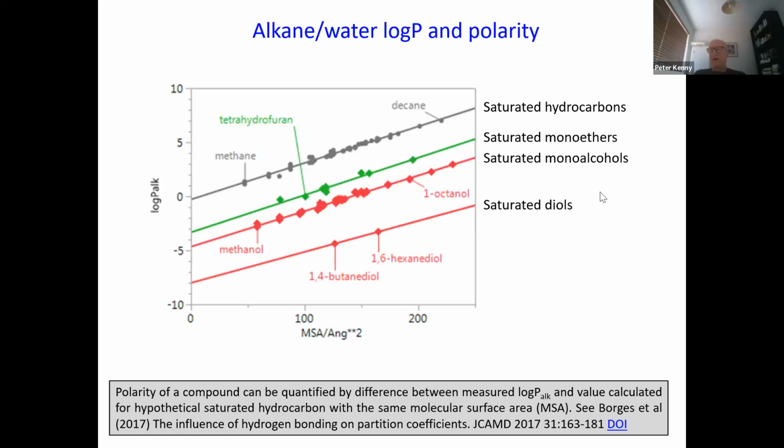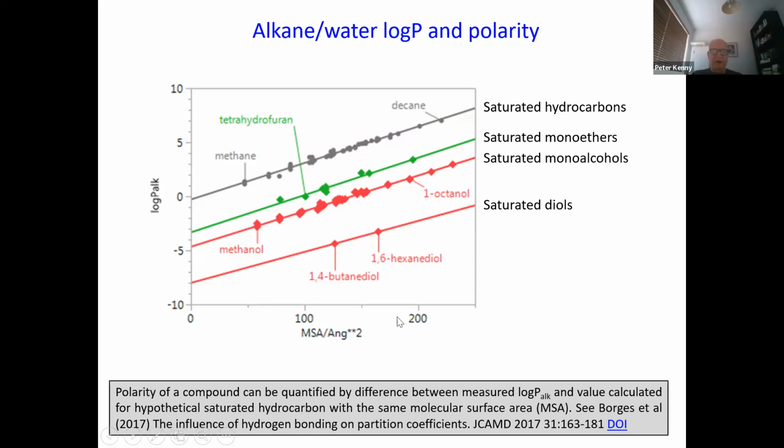Now we're going to get on to how you can use alkane-water logP to quantify polarity. This is quite an important slide, so spend a little time on it. On the y-axis, I'm plotting the measured alkane-water partition coefficient, the logarithm, of course. Here we have molecular surface area.